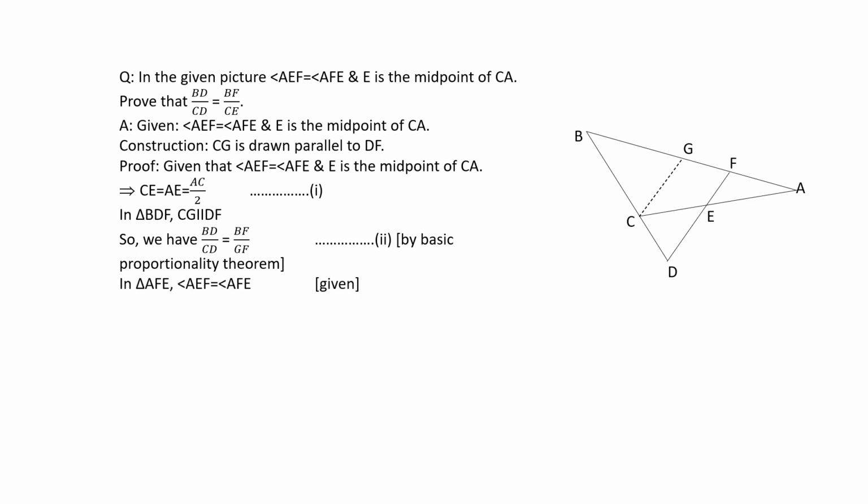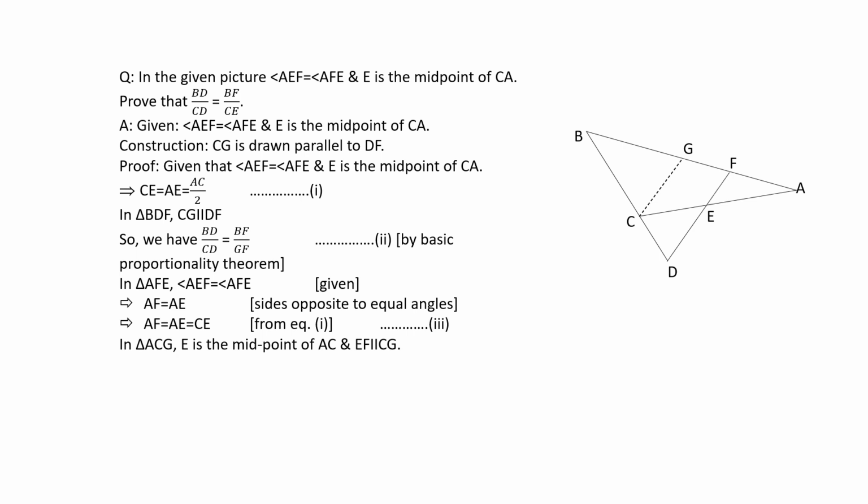Now in triangle AEF, angle AEF equals angle AFE, it is given. This implies AF equals AE, because sides opposite to equal angles are equal. Or we can say AF equals AE equals CE, because from equation 1 we got CE equals AE. Let this be equation 3.